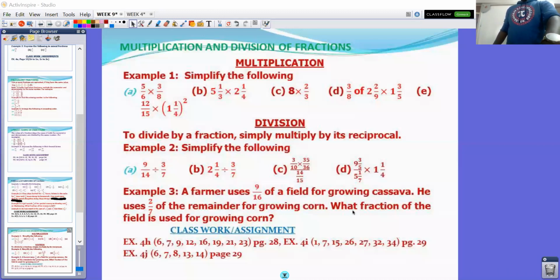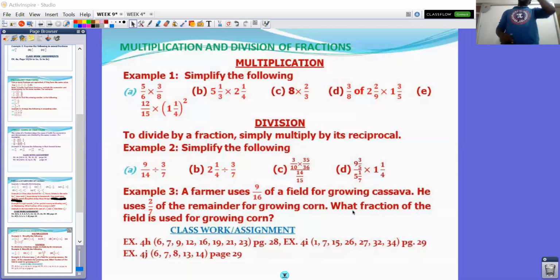Then we invert the fraction, changing it to its reciprocal. If you have a particular fraction, you change the numerator and the denominator. The numerator will replace the denominator and the denominator will replace the numerator. I'm talking about the one you are using to divide, not the one you want to divide.